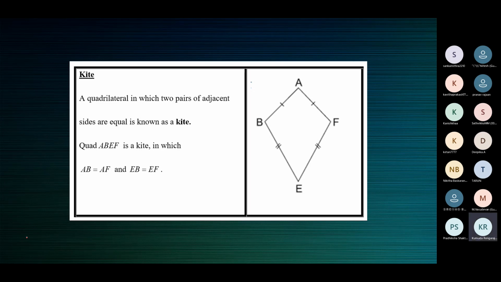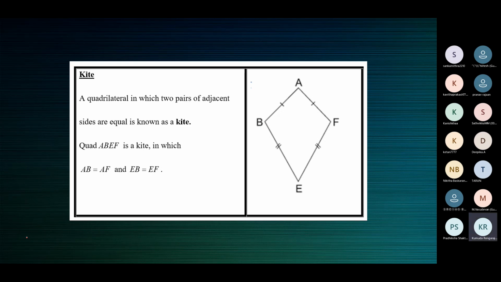AB is equal to AF, BE is equal to FE. Is AB parallel to FE? No. In a kite, opposite sides are not parallel. Not even one pair of opposite sides is parallel. AB is not parallel to FE. AF is not parallel to BE. A quadrilateral in which two pairs of adjacent sides are equal is known as a kite.